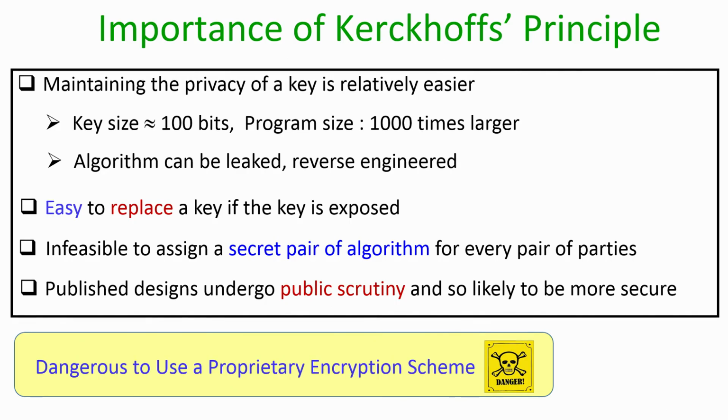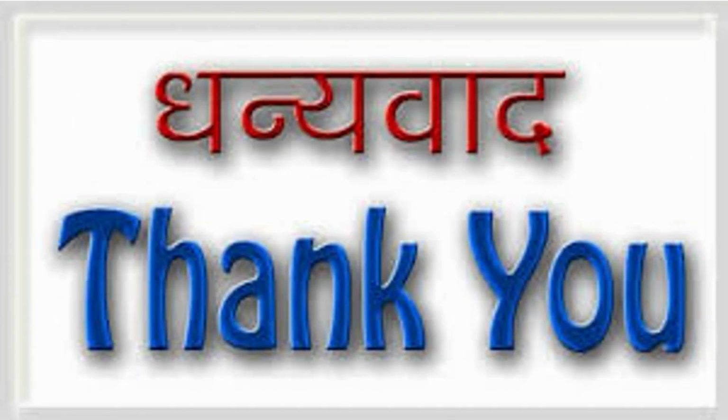If someone says, I am not going to leak the description of my encryption process, but I guarantee that it gives you a very good amount of security, you should not believe such an encryption process, because you do not know what kind of loopholes might be present in it. So, it is always recommended to use algorithms which are available in the public domain and have been scrutinized publicly. So, that brings us to the end of this lecture.